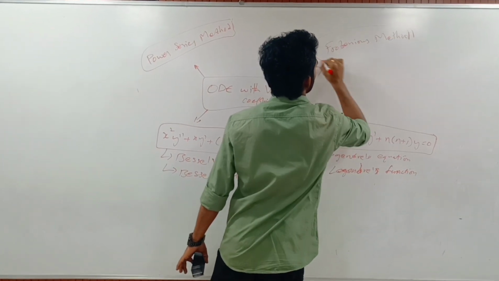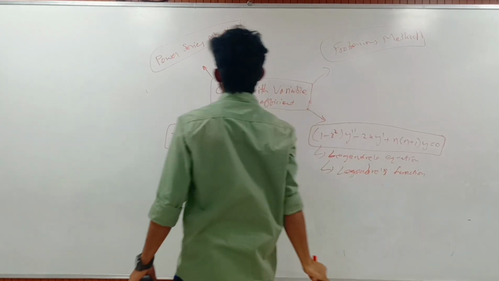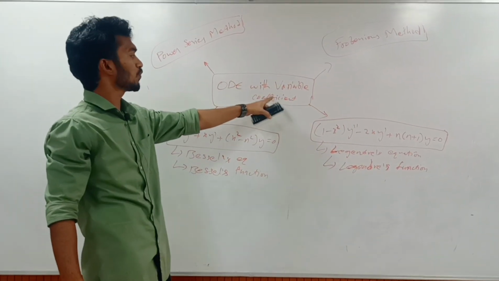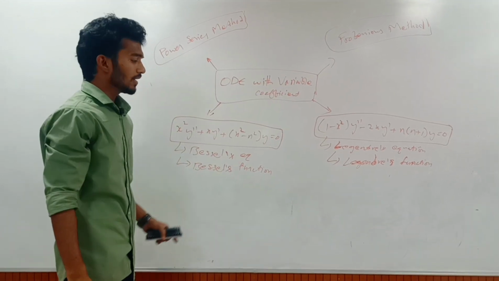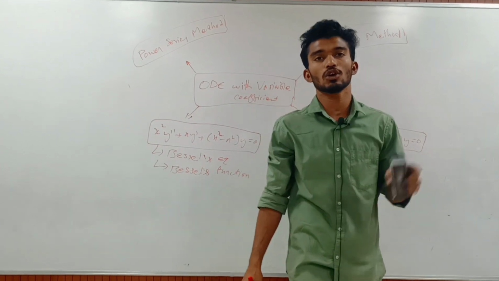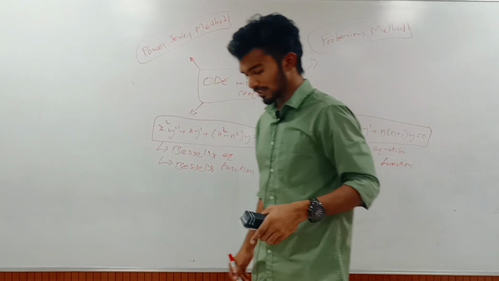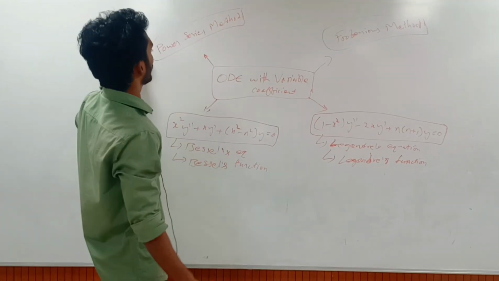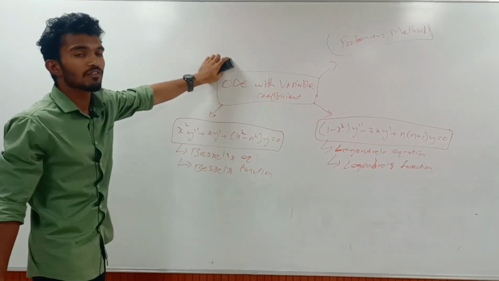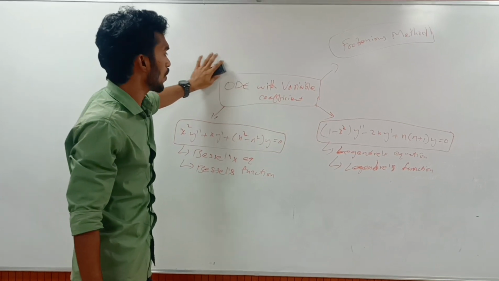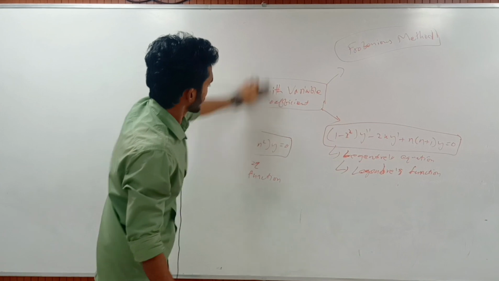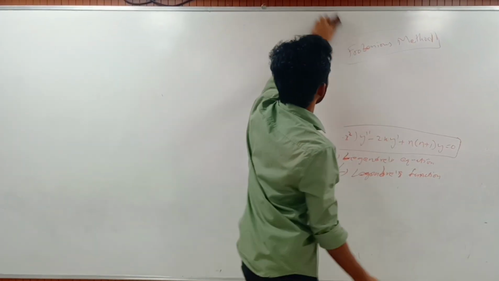These two are standard methods which we use to solve ordinary differential equations with variable coefficients. Before solving this type of question, we need to know some basic concepts. We need to learn what we mean by ordinary point and regular singular point. That is the first step to find the solution.